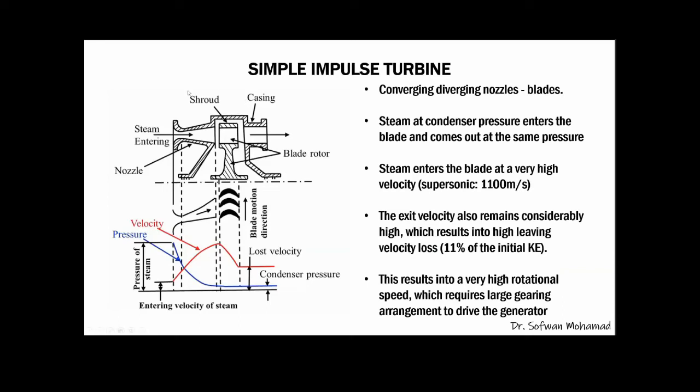So this is what happens inside a simple steam impulse turbine. What we have to do to solve this problem of high RPM, or high rotational speed, is to use compounding of the impulse turbine.